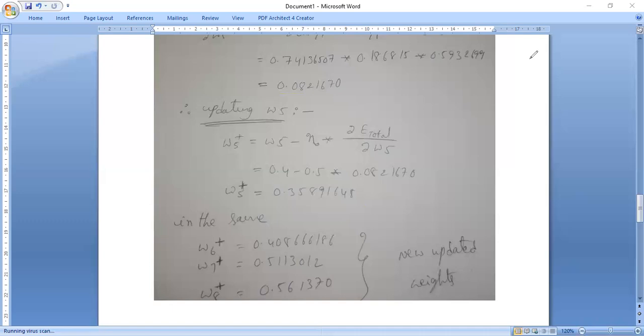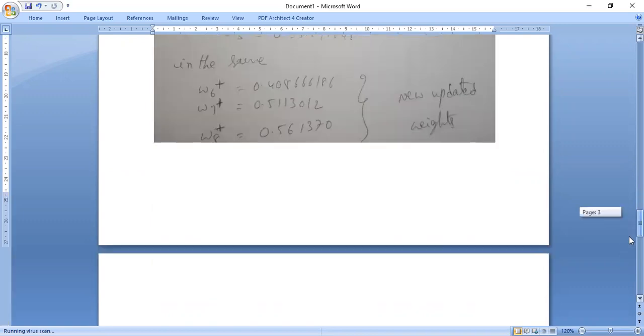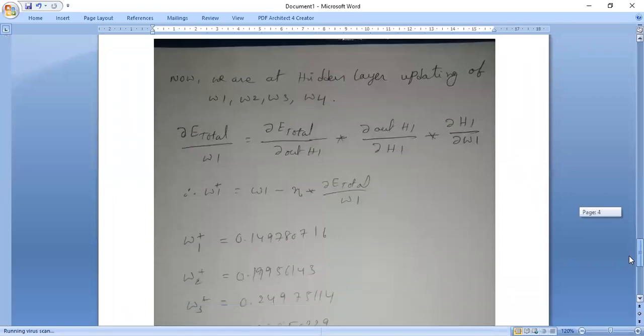So what are the remaining edges? The remaining edges are W1, W2, W3, W4, isn't it? But those four are the inputs for the hidden layer, isn't it? These W5, W6, W7, W8 are the inputs for the output layer.